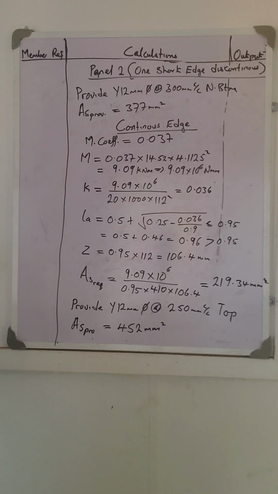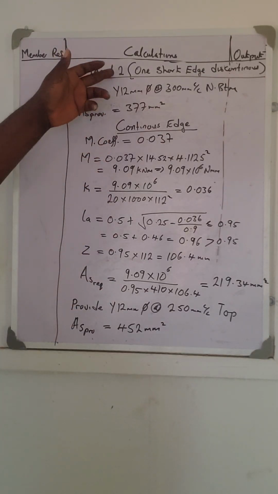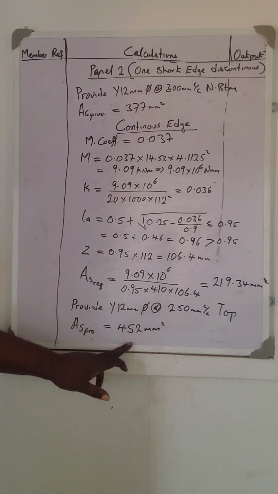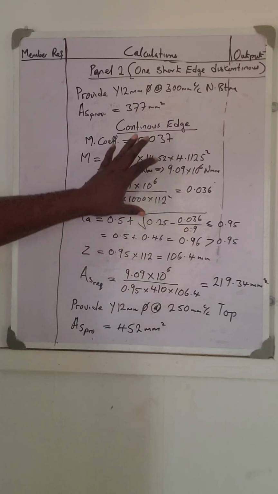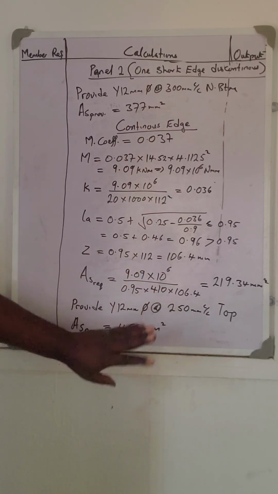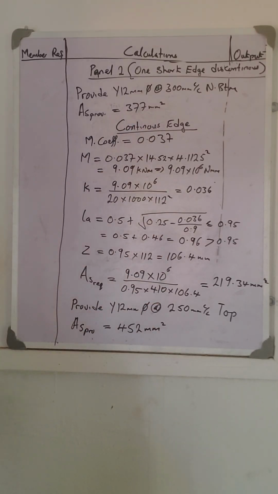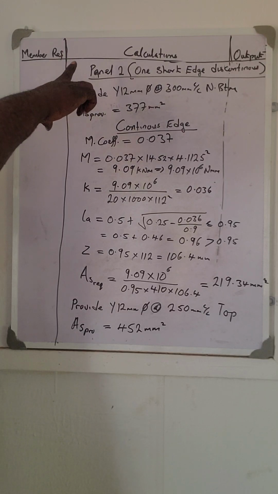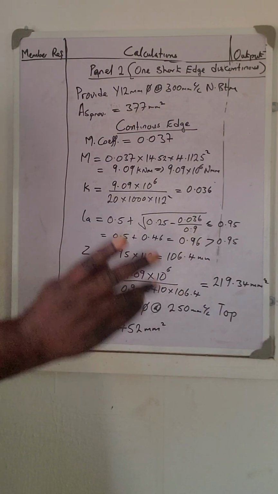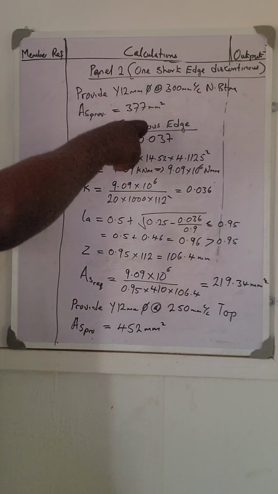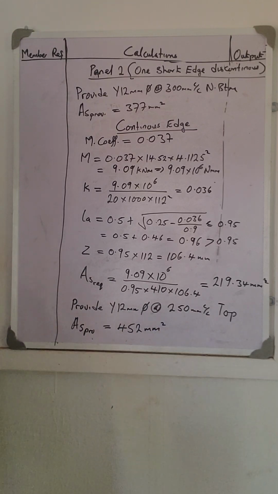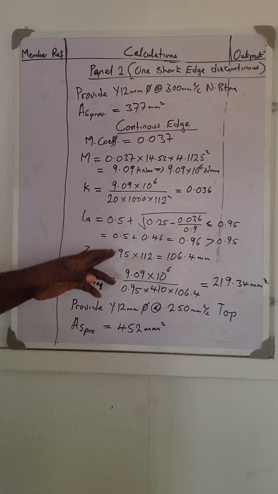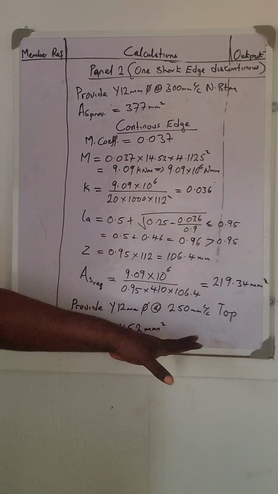So we have designed for the continuous edge. All right. So this is the step you have to follow in all the panels. You must repeat everything to make sure they meet specification, so they meet standards and that all the rules are followed.